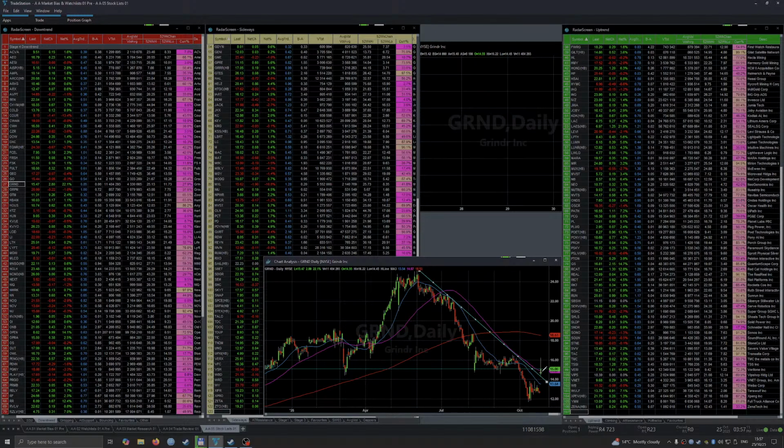That's interesting. Far from the 200. It broke the trend line, and it broke both of these moving averages. Interesting.